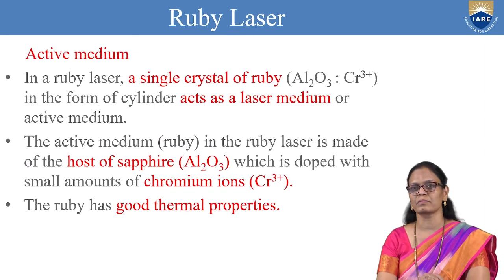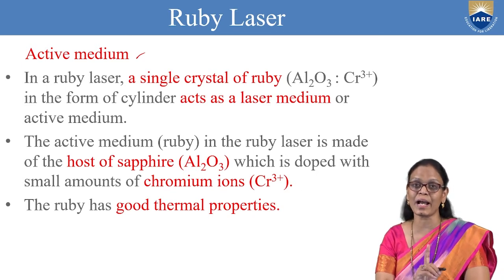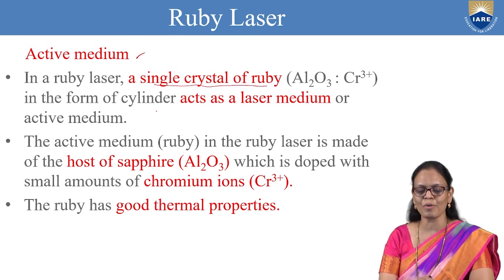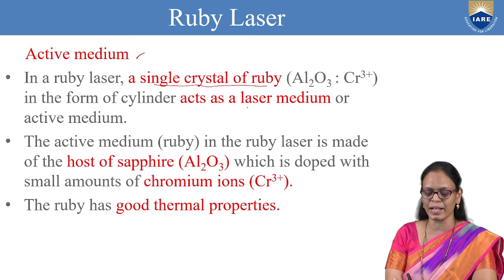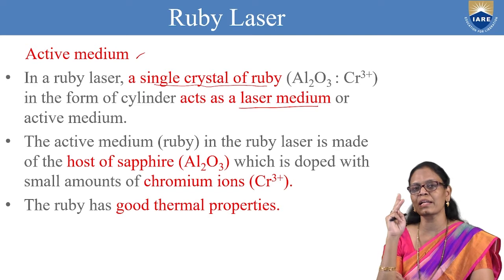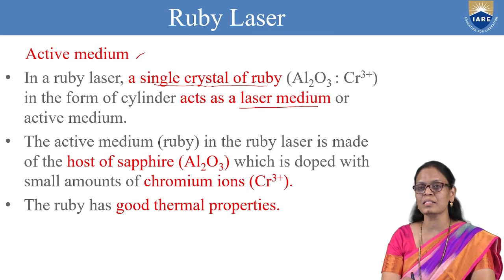Now, if we discuss the ruby laser, what is the active medium? The first thing we have seen is the active medium. In a ruby laser, a single crystal of ruby in the form of a cylinder acts as the laser medium. So we need to identify these three things in a ruby laser. The first is the active medium, a crystal of ruby. It may be a cylindrical rod of ruby.